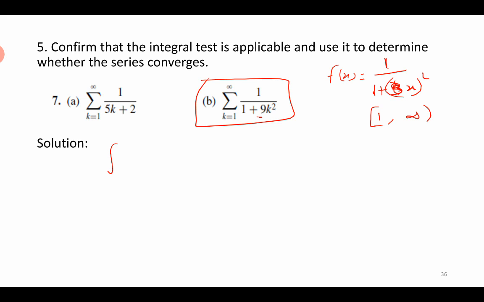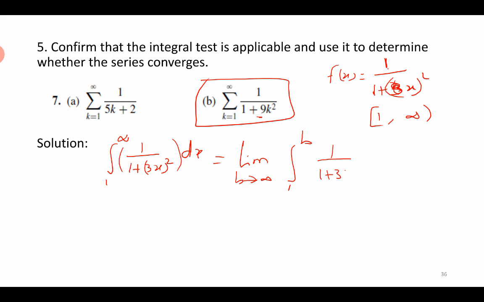Therefore, let's try the integral test. The integral from 1 to infinity of f of x, 1 over 1 plus (3x) whole square dx, can be written as the limit as b goes to infinity of the integral from 1 to b of 1 over 1 plus (3x) whole square dx. Now take u equal to 3x, du equal to 3 dx.